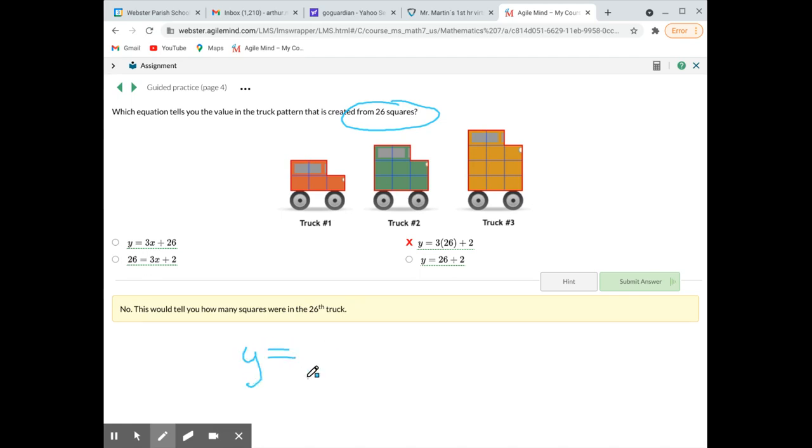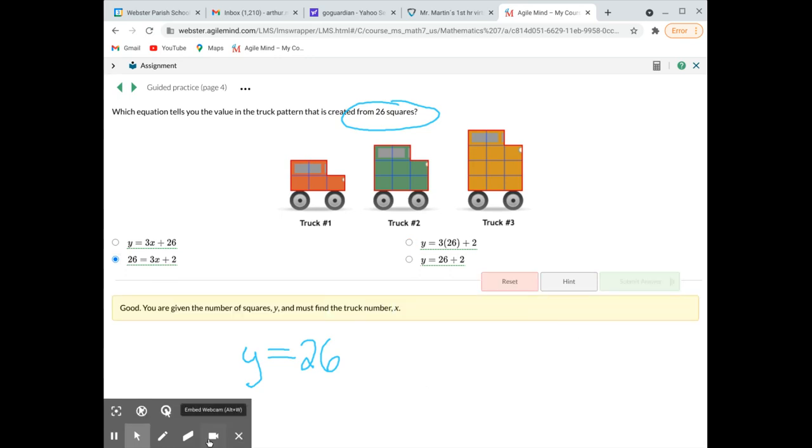What's going to be 26? The answer. Yeah, the answer. So y is 26. So which one would we have to pick? The third one, 26. Yeah, that's right. And then to solve, we would subtract 2, and then we would divide by 3 to figure out what it would be. Perfect.